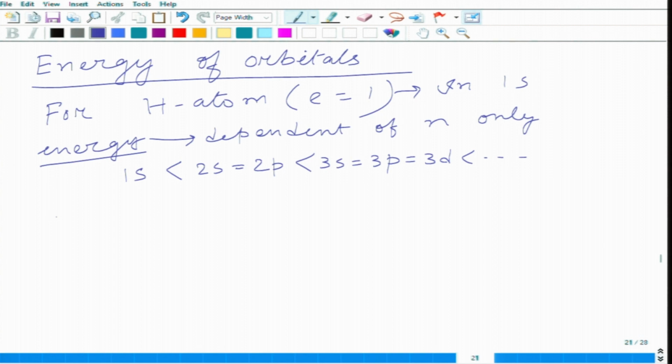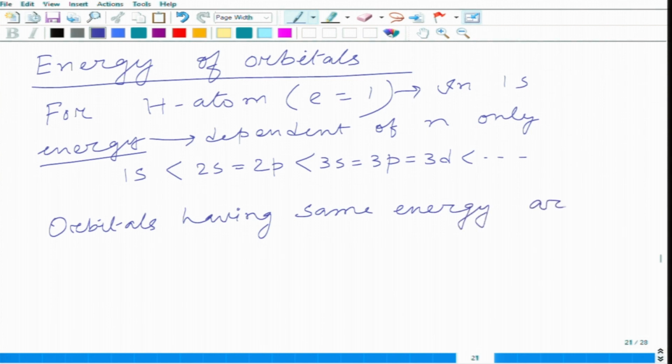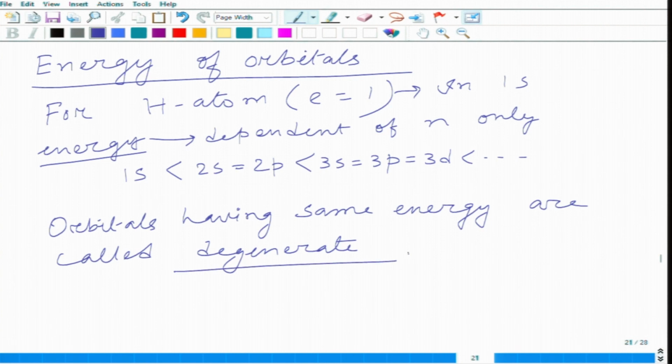Now orbitals having the same energy are called degenerate. So in this case 2s and 2p are degenerate, 3s, 3p and 3d are degenerate.